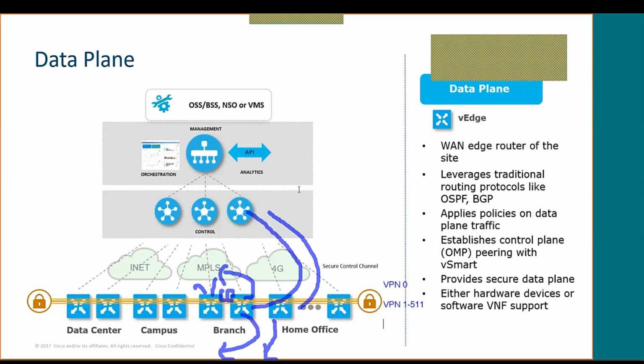And can the vEdge use VPN 0 to communicate with any other non-SD-WAN migrated site? Yes, it can. Suppose I want to build a standard IPsec tunnel from a Cisco SD-WAN vEdge device to a firewall which is available outside.